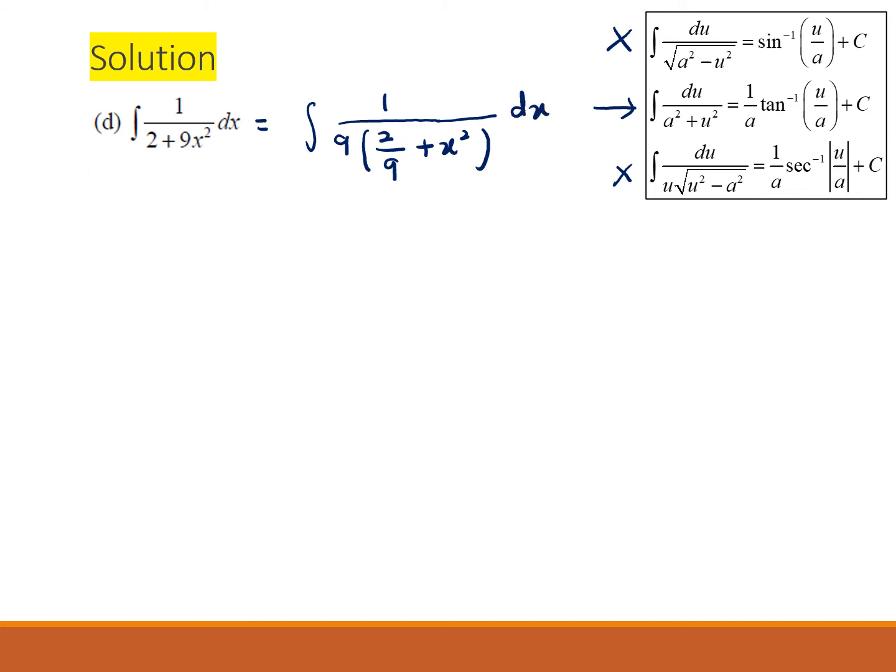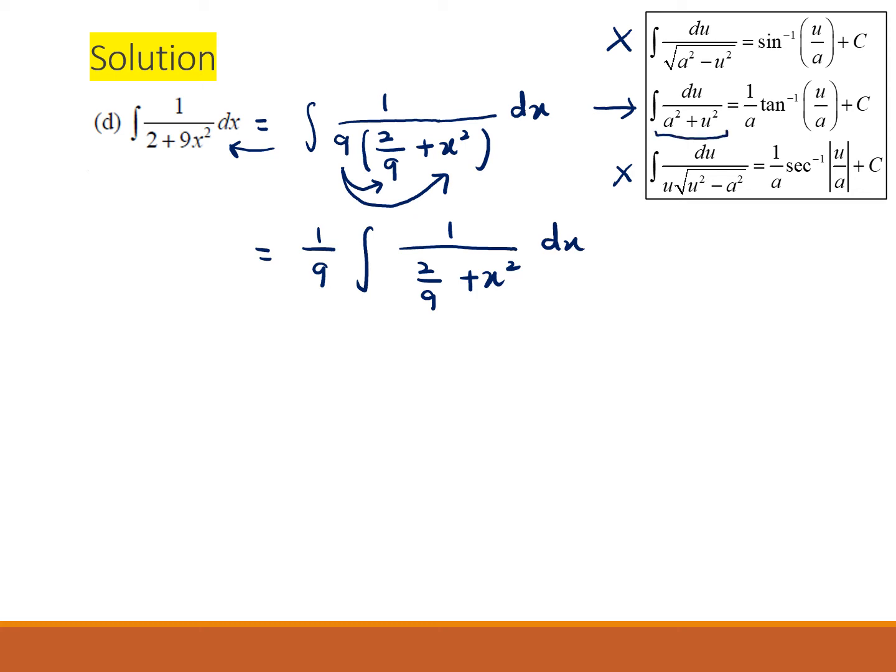When you multiply back to check whether you get the question back, you will get 2 plus 9x squared. So it's the same. Then we take 1 over 9 out and integrate 1 over 2 over 9 plus x squared dx. Here we have it in this form.